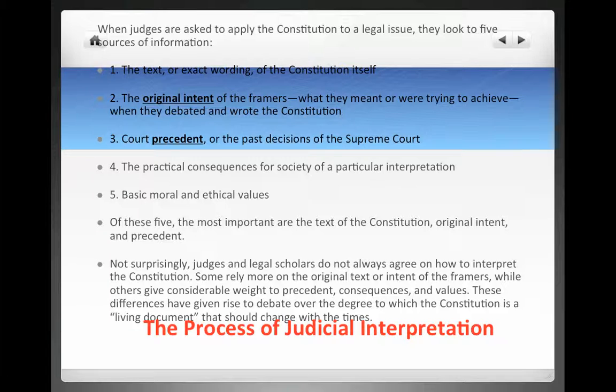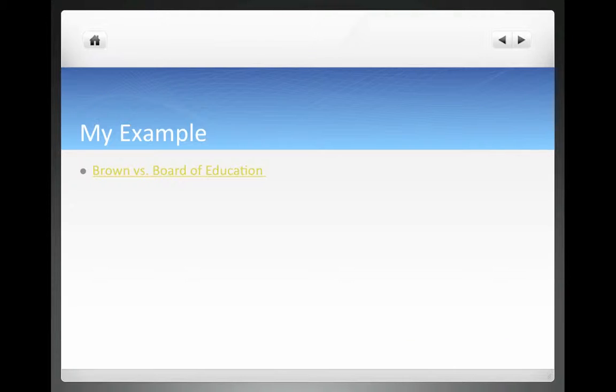Three, the precedent, or the past decisions of the Supreme Court. Four, the practical consequences for society of a particular interpretation. Five, the basic moral and ethical values. And of these five, the most important are the actual text of the Constitution, the original intent, and the precedents.